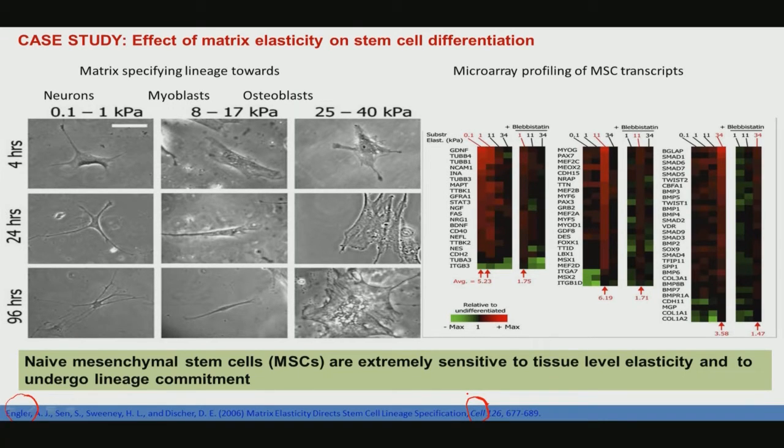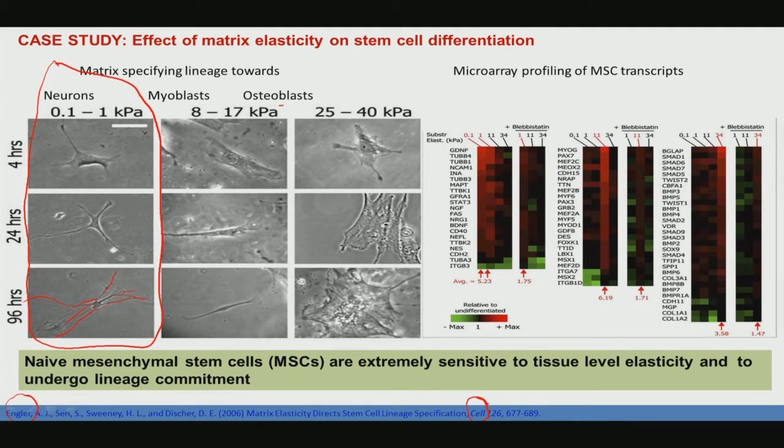Here are some examples. They grew these stem cells up to 96 hours, that is 4 days, on substrates with a stiffness of 0.1 to 1 kilopascal. You can see, although it is not that clear, on these fluorescence images that the cells take a very characteristic neuron-type shape.